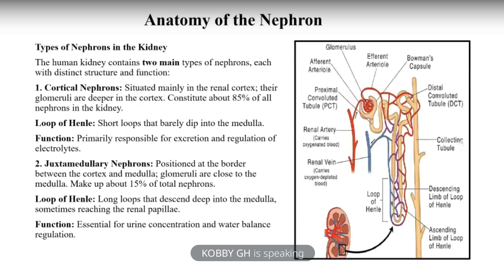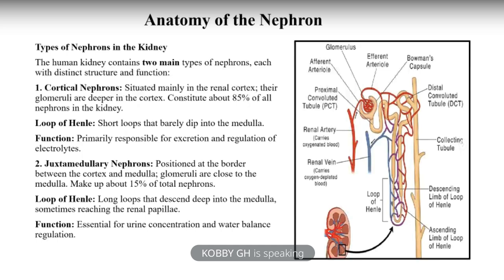So now you understand the various parts of a nephron. A nephron has two major parts, the renal corpuscle and the renal tubule. The renal corpuscle consists of the glomerulus plus the Bowman's capsule. The renal tubule consists of the proximal convoluted tubule, the loop of Henle, the distal convoluted tubule, and the collecting duct.